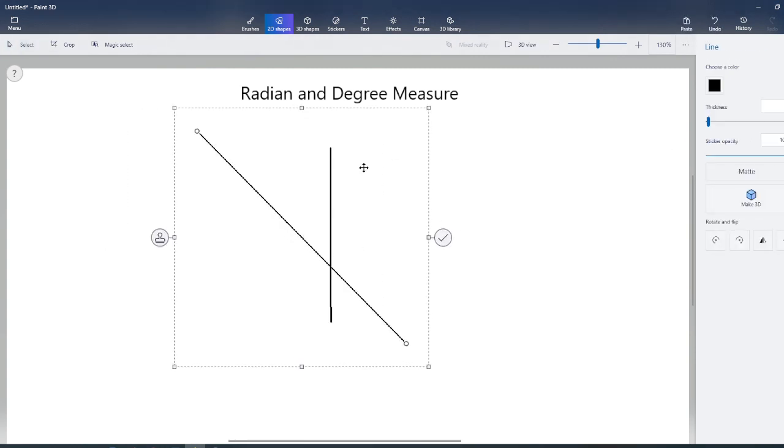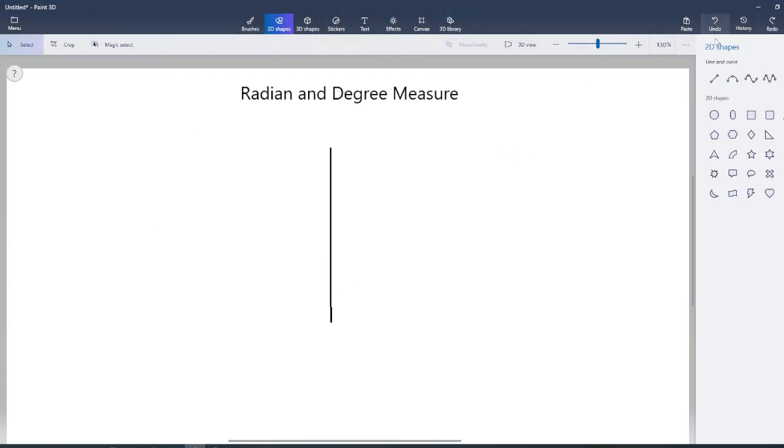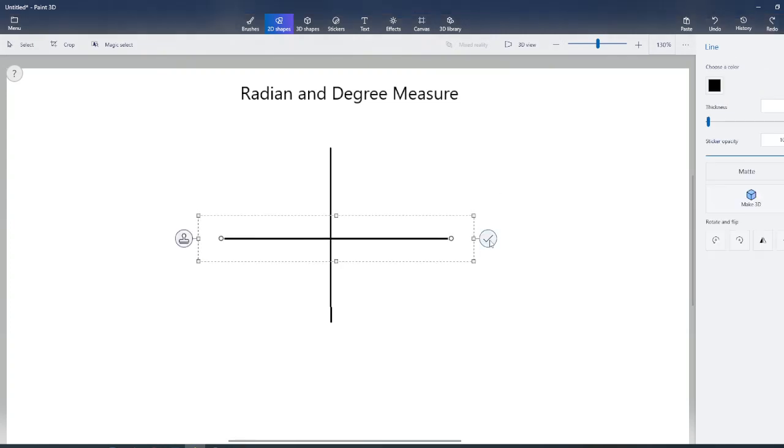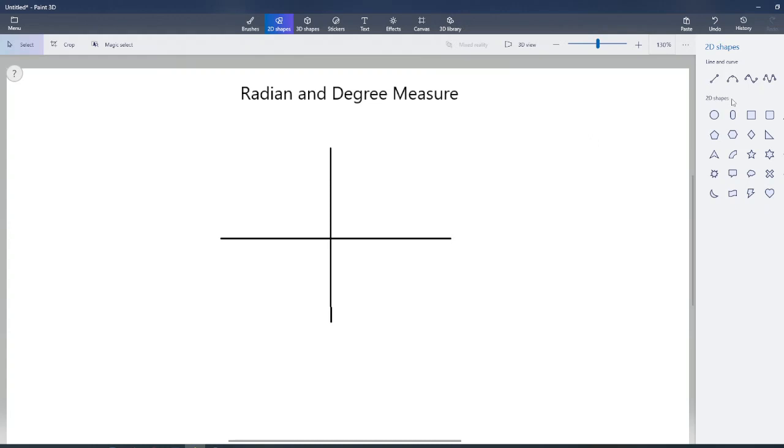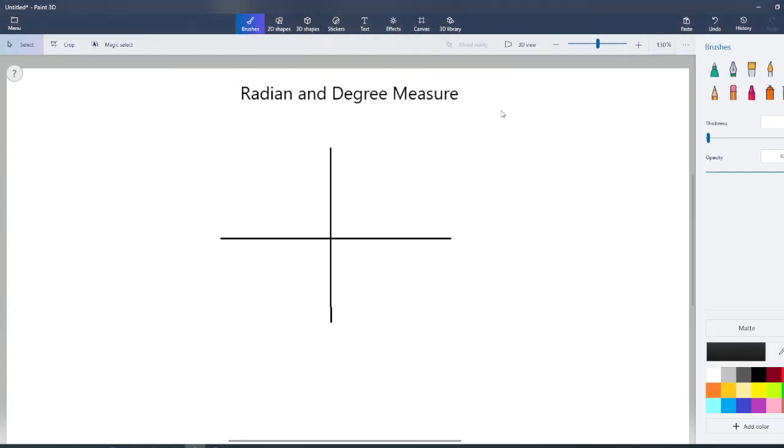So here's our basic Cartesian plane, and then we're going to label all of these basic angles that we just talked about, right? The 90-degree angle as pi over 2, the flat angle as pi, okay?